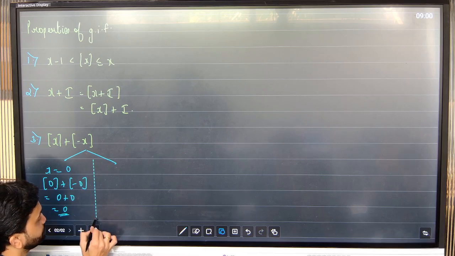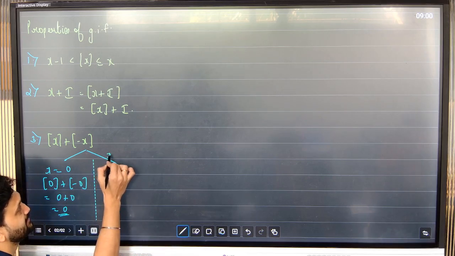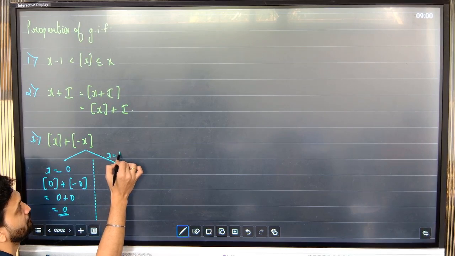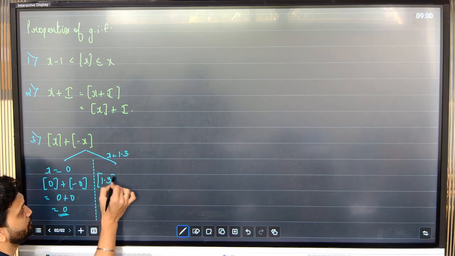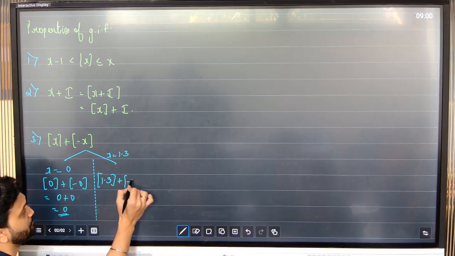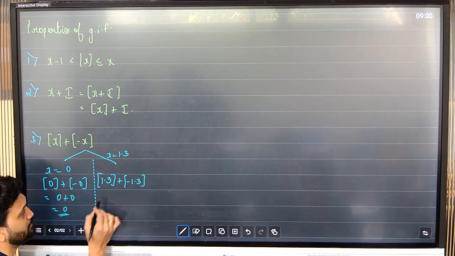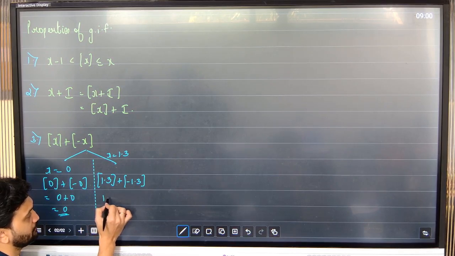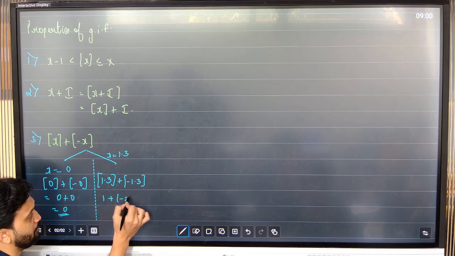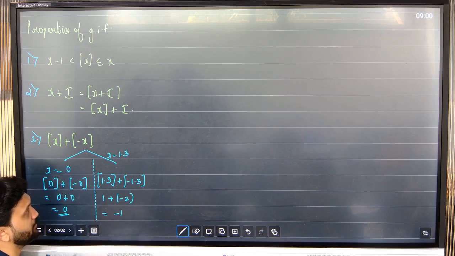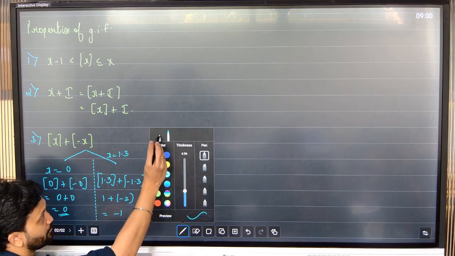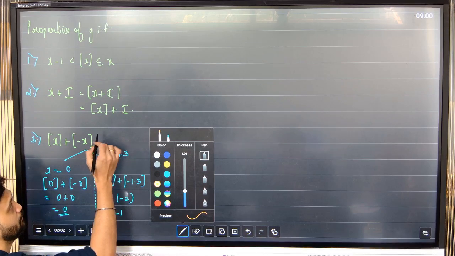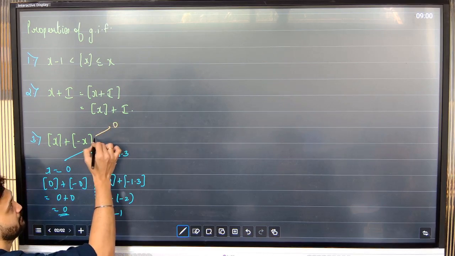Second part, I'll take the value of x as 1.3. Greatest integer function of 1.3 plus greatest integer function of minus 1.3: 1 plus minus 2, that is minus 1. So at any given point of time, this will have two values. It will be either 0 or minus 1.